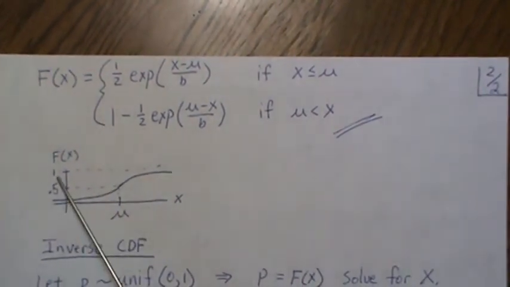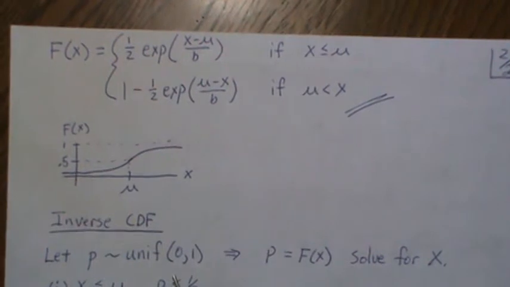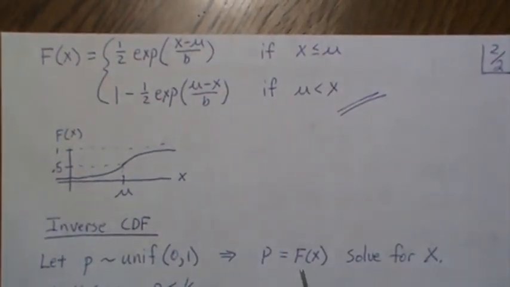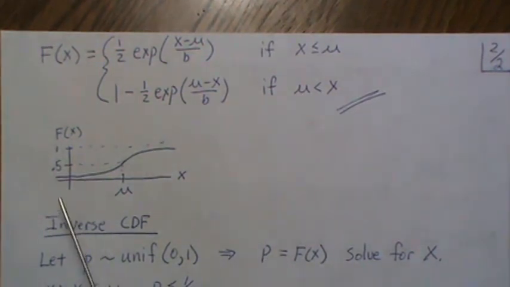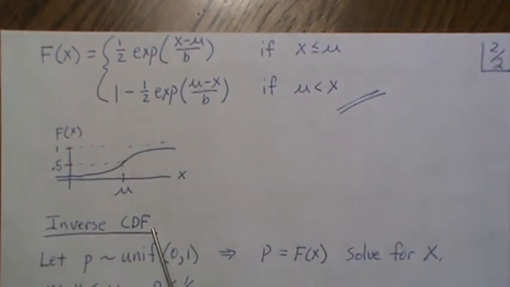So if we let F of x equal p, where p is a uniform variable from 0 to 1, and then we back solve for x, that's how we end up generating random variables from a double exponential.